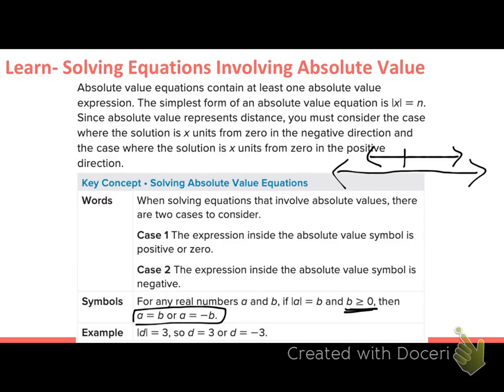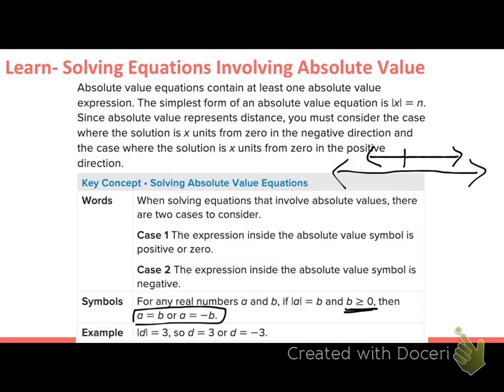Yes, sir. Okay. So, if I get the absolute value of d equals 3, I'm asking what number is a distance of 3 units away from 0? Well, I'm trying to figure that out, right? So what number or numbers are 3 units away from 0? Negative 3 and 3.